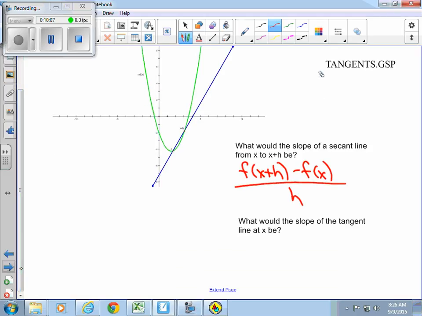The slope of a tangent line would be the limit as h approaches 0 of f of x plus h minus f of x, all over h. So that is the slope of a tangent line. That is a derivative. That is big news. That's important. It's what we're going to spend the rest of this semester on, September to December. It's all about that thing.